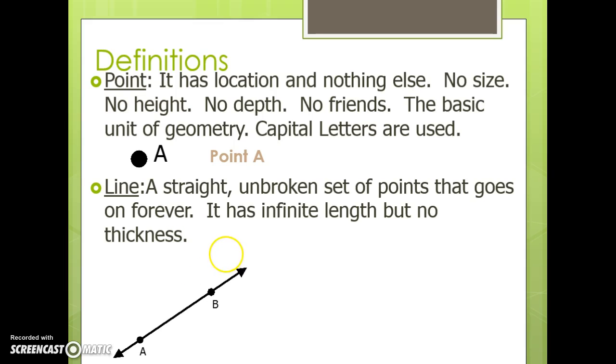So here's what it would look like in real life. Those arrows mean that it extends forever in that direction. And our street sign is going to look like a little miniature of what's happening in real life, kind of like the duck crossing or the falling rock zone.